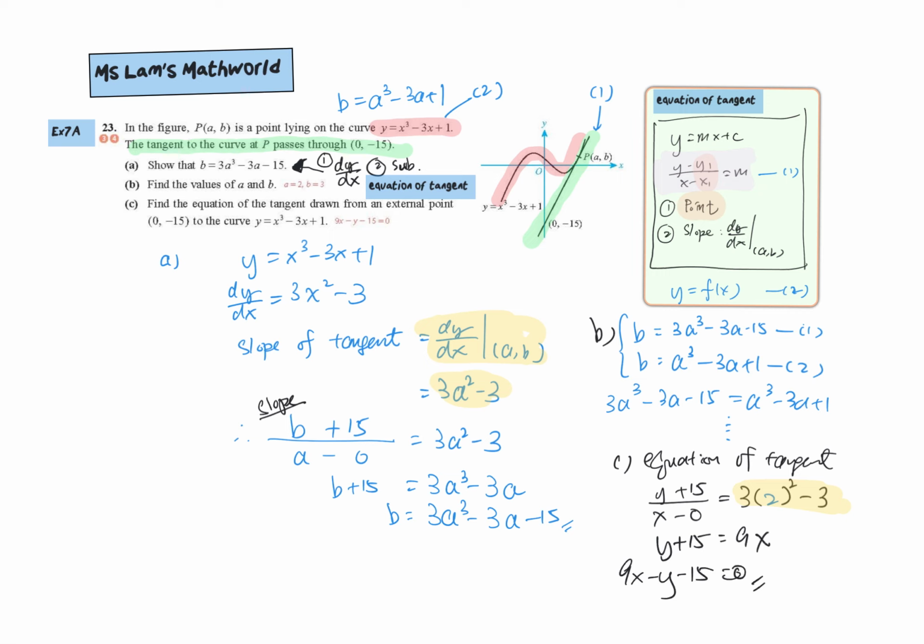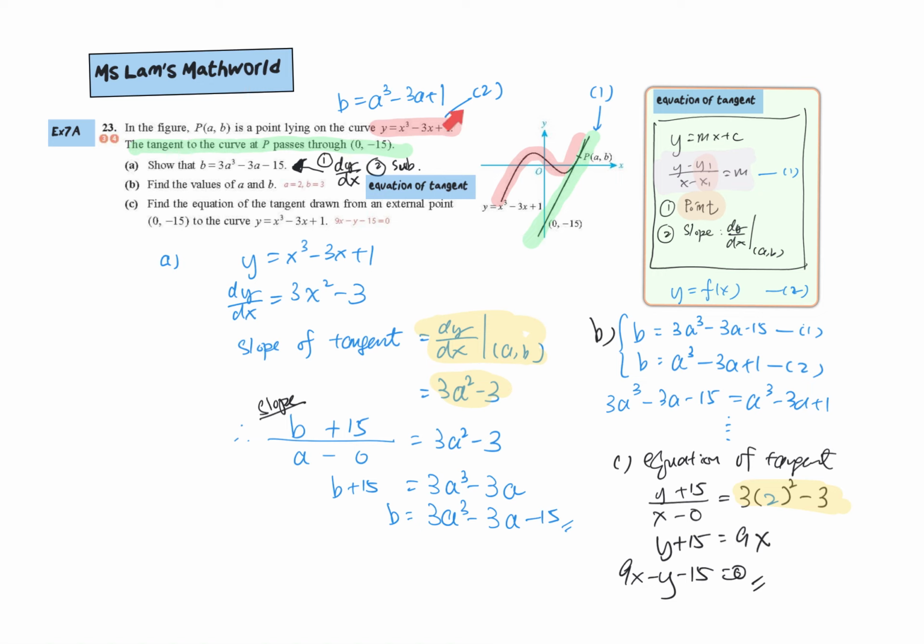So you see, although this question looks difficult because we got a and b for part A, if you understand how to interpret the question, if you look at the graph, study it, and know we are finding the equation of tangent, that means you understand the concept, right?